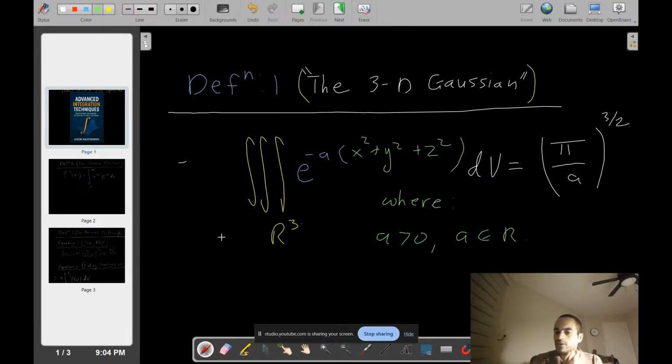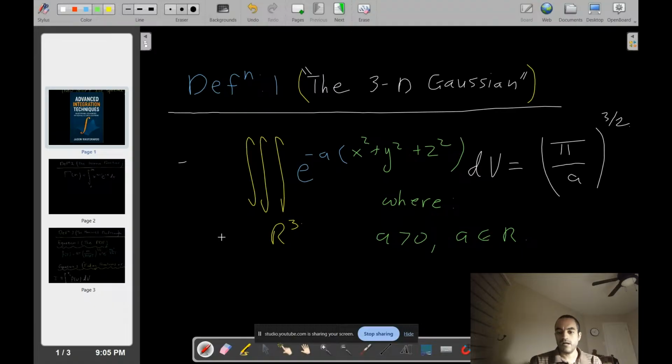Now, this triple integral, as you can see, is written in Cartesian coordinates. It looks scary, but it's scary only because it's in this coordinate system. That's why it's scary. It's not as tricky as you think it is. Let me explain what I mean by that.